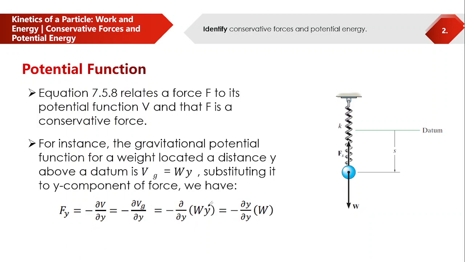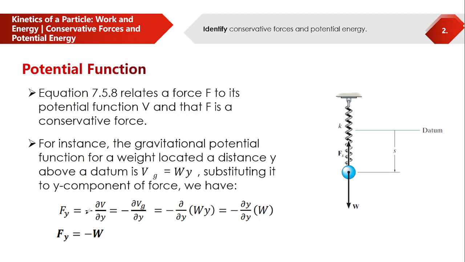So sinatisfy lang natin dito na equal talaga yung weight mo when we are trying to its potential function, will be magi-cancel out kasi ito siya, okay? So that will be the partial derivative of Wy will be equal to Fy is equals to negative weight if we are talking about gravitational potential function.